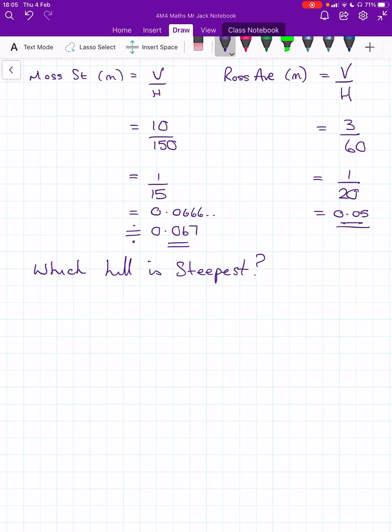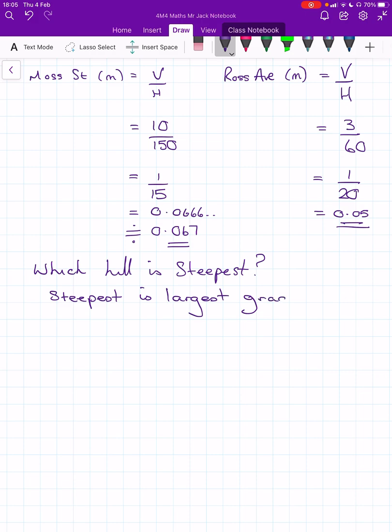Which is the steepest? All right, well, the steepest hill is the biggest number. Steepest is the largest number, and, I shouldn't say largest number really, should we? It should say largest gradient.